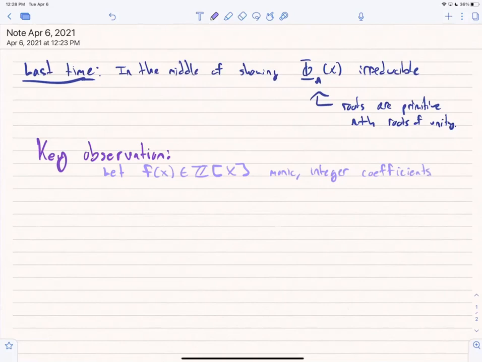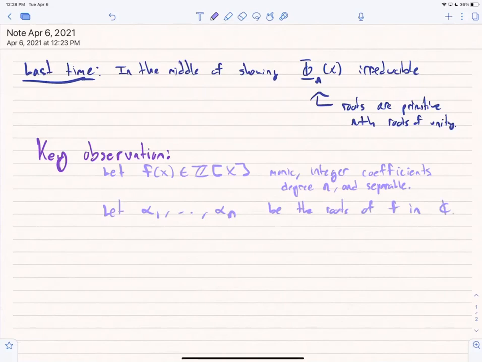Then I'm going to let α_1 through α_n be the roots of f in the complex numbers.